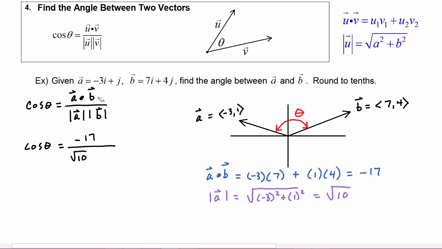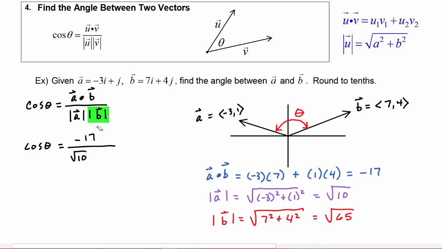Now we need the magnitude of vector B. So magnitude of vector B is going to be the square root of the sum of the squares of its components. So that's going to be 7 squared plus 4 squared. So that will be the square root of 49 plus 16, which is 65.